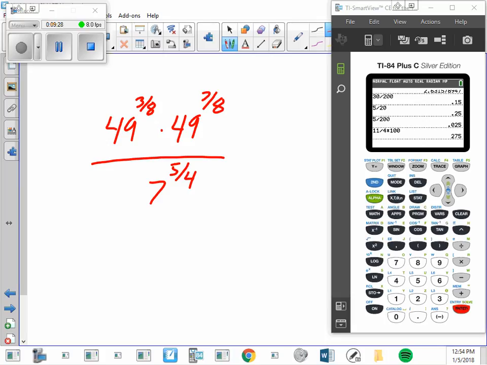When the bases are the same and you multiply, what do you do with the exponents? Add them. So 3/8 plus 7/8 would be 49 to the 10/8, which simplifies to 49 to the 5/4 over 7 to the 5/4. Is everybody okay with that?